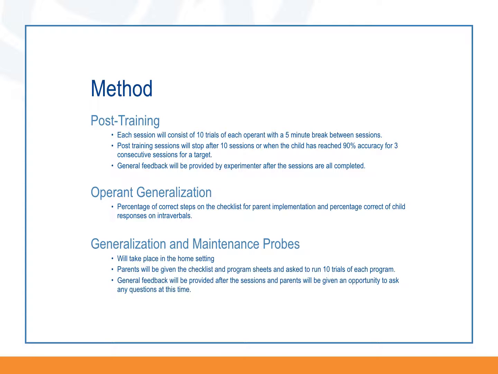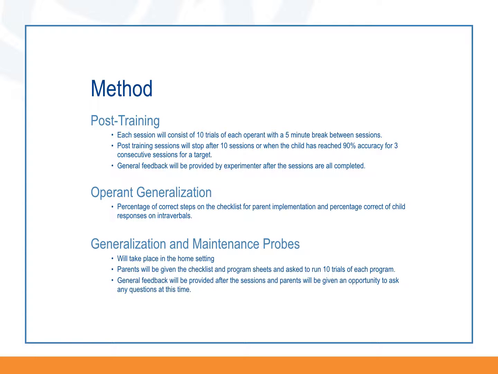The generalization from the tact to the intraverbal will be looked at by asking, if the parent is able to get 90% on the tacting program, are they able to achieve the same level of accuracy on the intraverbal program, as well as do the child outcomes show approximately the same improvement rate.